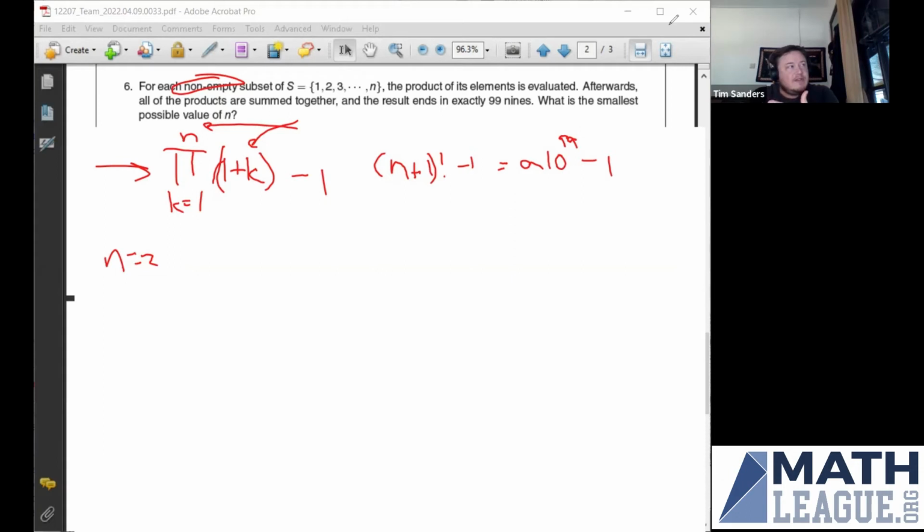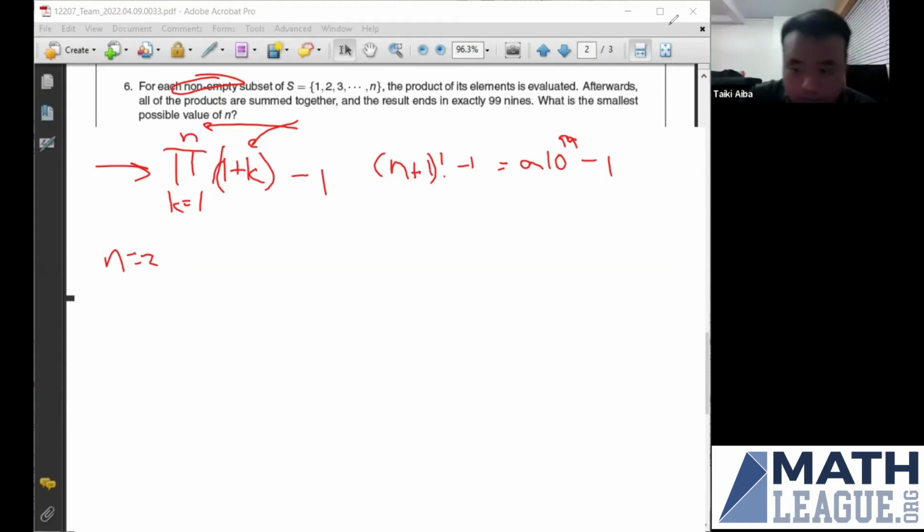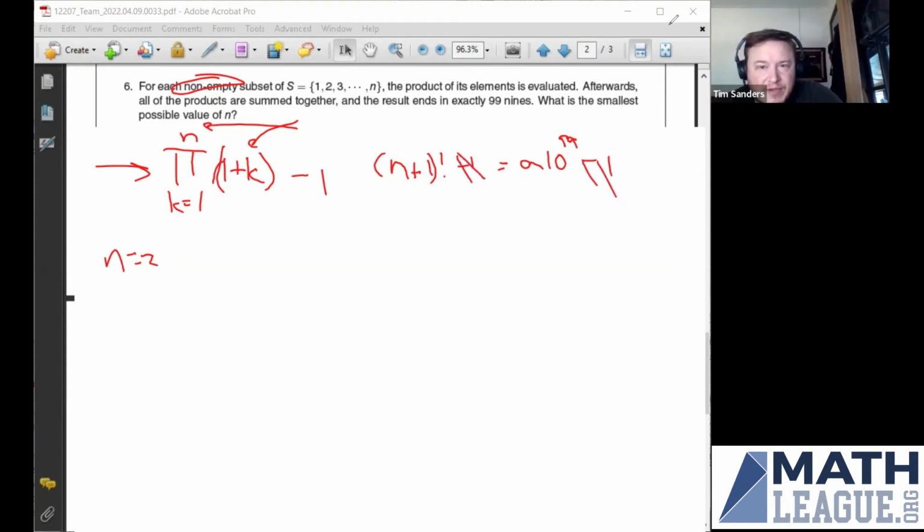And if we've got 99 zeros at the end, we subtract 1, we're going to get 99 nines. Okay, cool. So then we just add 1 to both sides. Those minus 1s knock each other out. And basically we have n plus 1 factorial ends in 99 zeros.